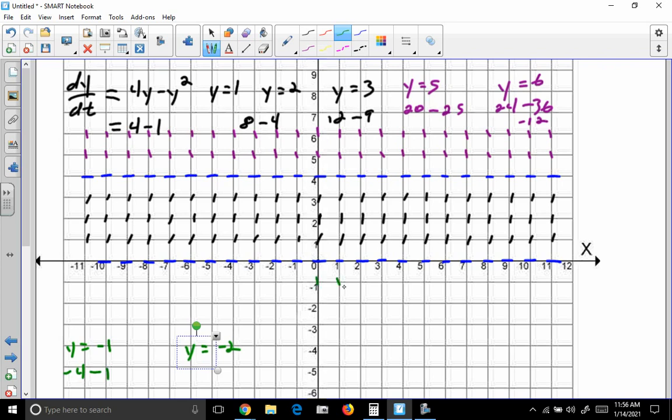So that's pretty steep. If we pick negative 2, 4 times negative 2 is negative 8, minus negative 2 squared, so negative 2 times negative 2 is negative 4, so negative 12, so again, almost straight up.